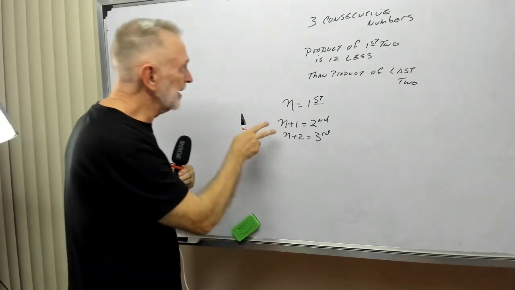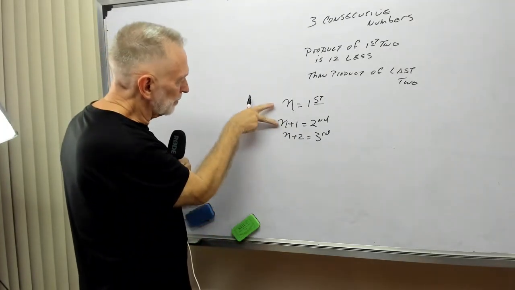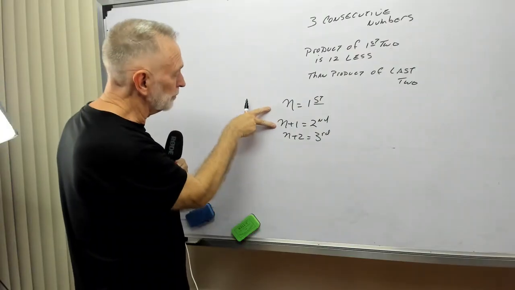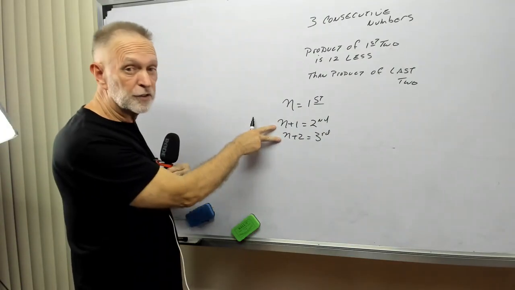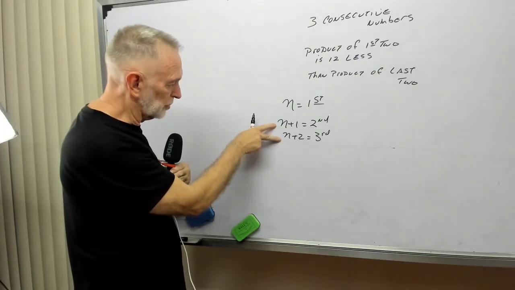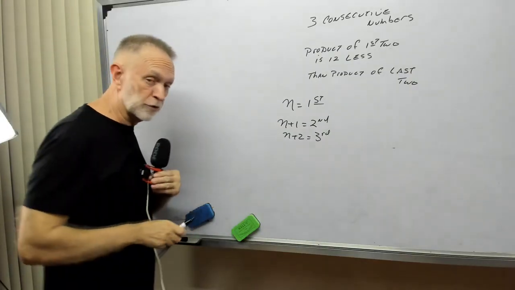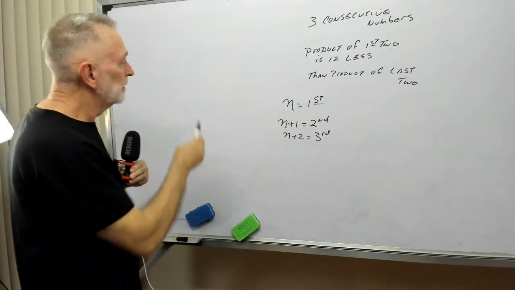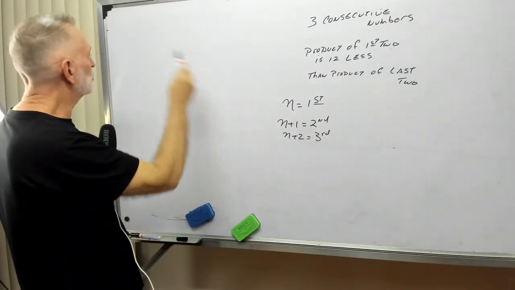Okay, now it's telling me the first 2, the product of the first 2 is 12 less than the product of the second 2. So if I take the product of the second 2 minus 12, it should equal the product of the first 2. Okay, so let's take the product of the last 2.